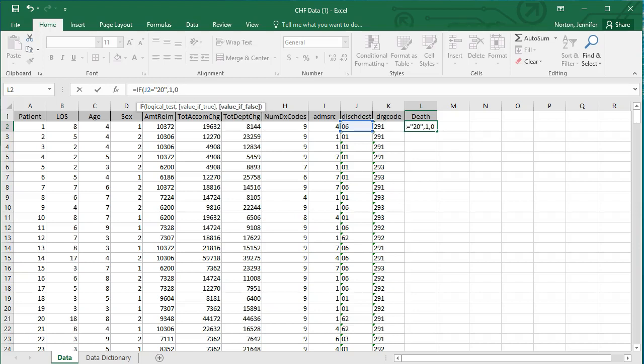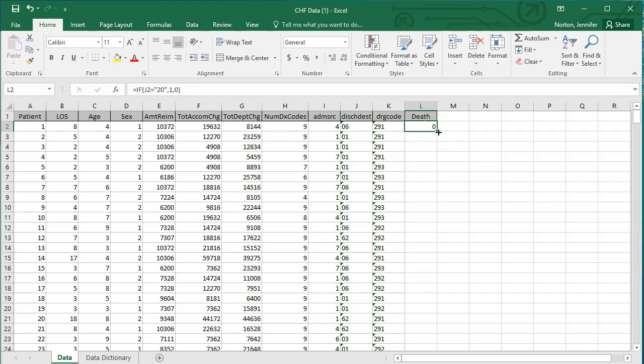So it's going to be quotes 20, end quote, comma 1, comma 0. And in order to get this formula to compute, we have to close up the parentheses, and we're going to click enter. And here you'll see our discharge for this patient was 606, and our column here should have populated a 0, and it did.